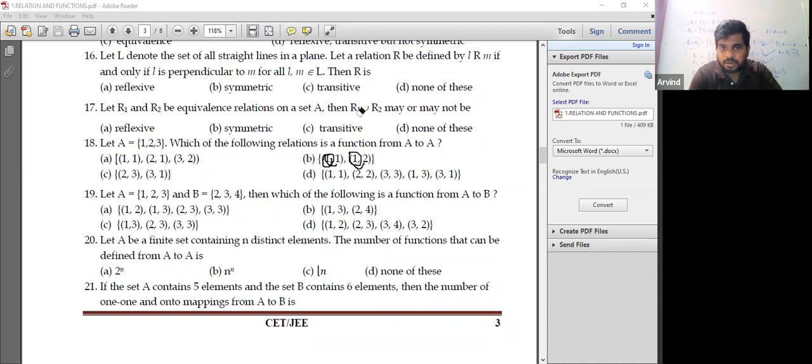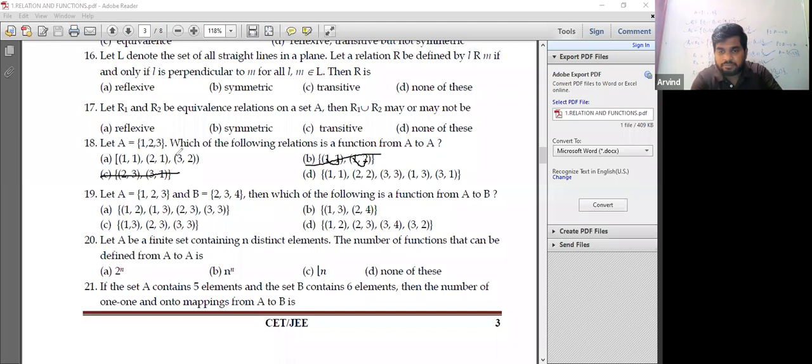I repeat again, this is not a function. Why is it not a function? Because here 1 is related to 1, and again the same 1 is related to 2. It should be uniquely related. So this is not a function. Coming to option C, it is also not a function.